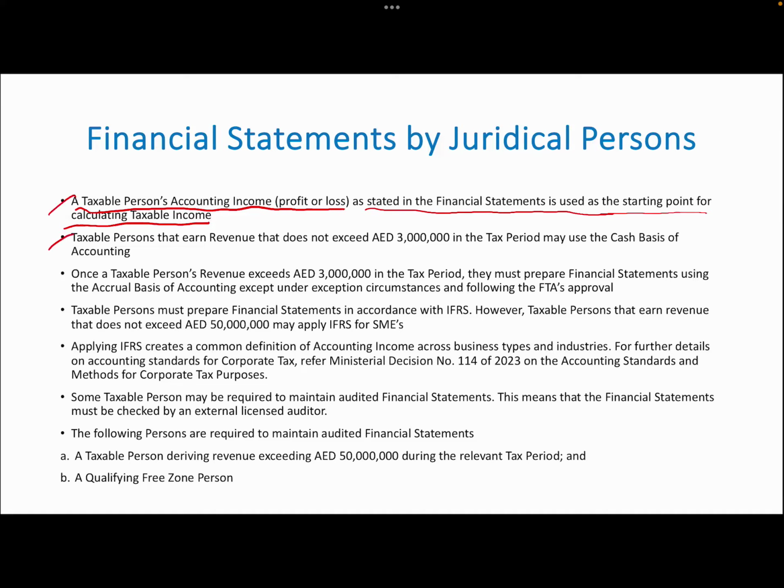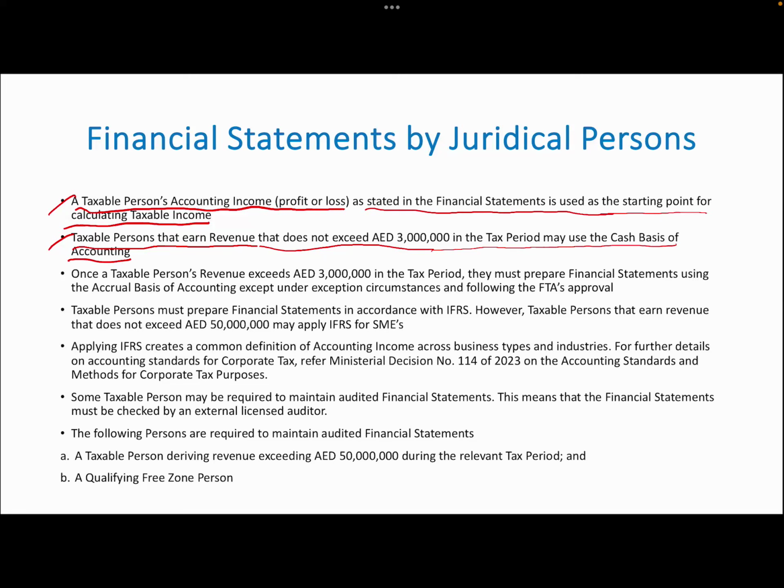Second point is taxable persons that earn revenue that does not exceed 3 million in the tax period may use cash basis of accounting. What does it mean? Any business whose revenue in a year does not exceed 3 million, the federal tax authority allows you to use cash basis of accounting instead of accrual basis of accounting.